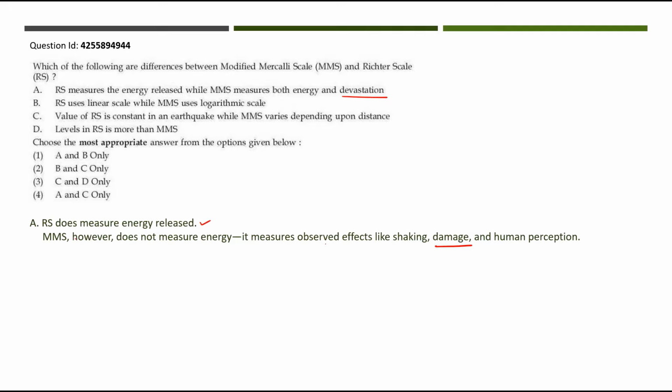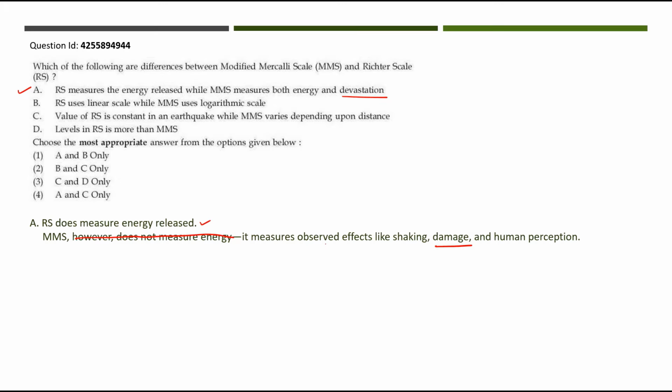So here we can go with the statement, this scale measures observed effects like shaking, damage and human perception, which can be taken to be both energy and devastation. So definitely A is right, because Richter scale will measure only the energy, while MMS will measure both energy and devastation. What about the second statement?